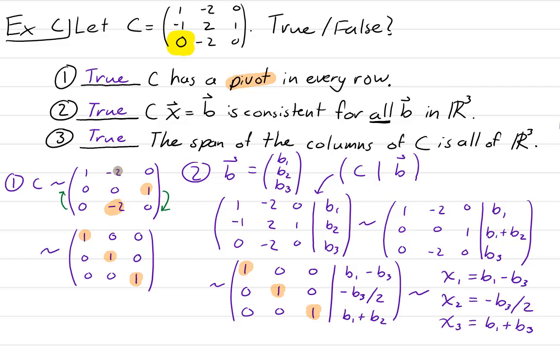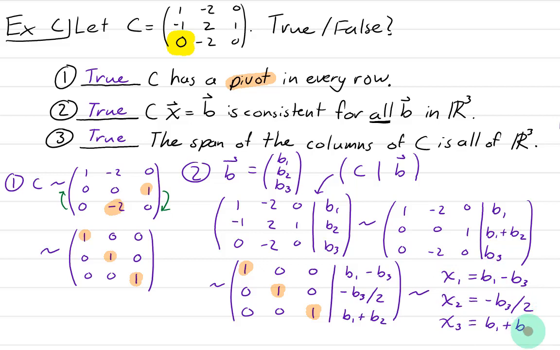So what does that have to do with 2 and 3? Well, if you make the augmented matrix for the Cx = b equation here, and you do the same row reduction steps, just keeping track of what you're doing to the b1, b2, and b3 as you go, then you'll see that yes, you do get a solution here for x1, x2, and x3 in terms of b1, b2, and b3.